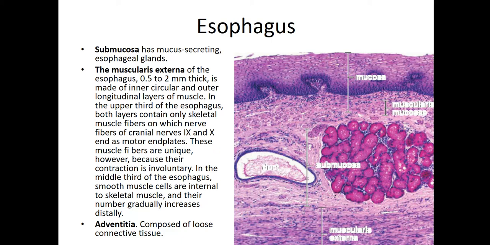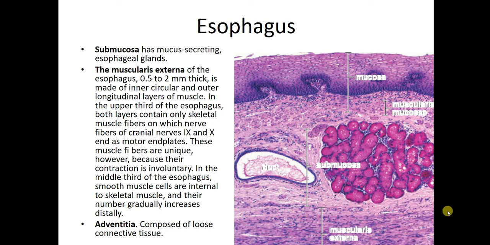Because we don't have a border line between esophagus and pharynx, some muscles of the pharynx extend to the esophagus, and they are supplied by the same nerves, 9 and 10, responsible for swallowing. That's why here we have a layer of skeletal muscle fibers, but later it gradually converts into smooth muscle layer, and at the end of the esophagus we don't have skeletal muscles, only smooth muscle linings.